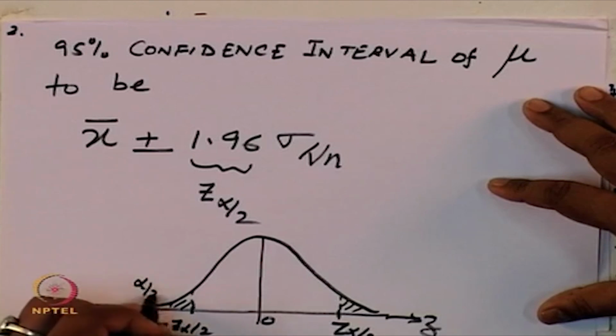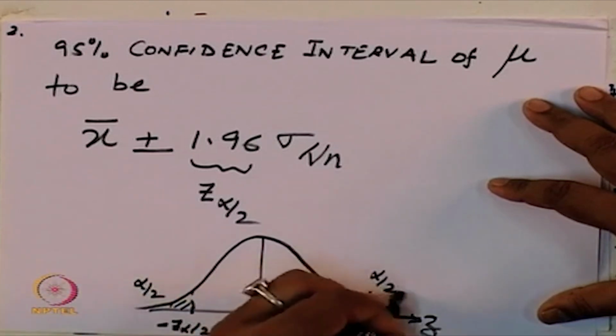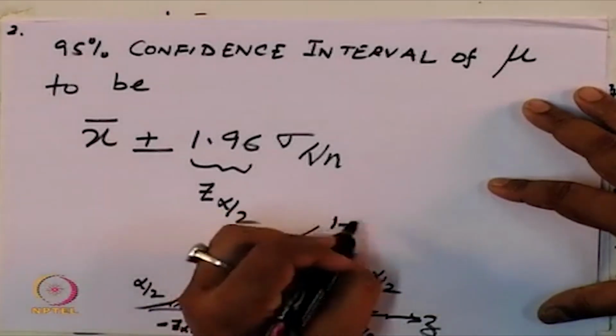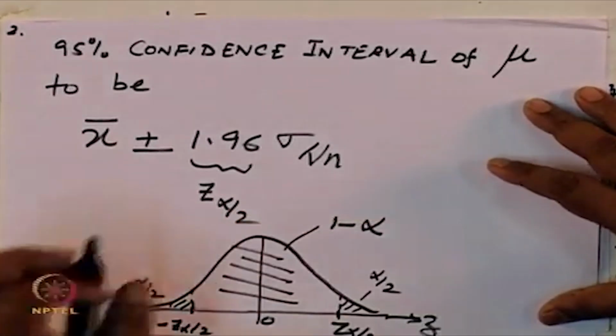So, this area is alpha by 2, and this area is alpha by 2. The probability under this curve will give you 1 minus alpha. We can prescribe the value of the confidence level and get the corresponding value of z of alpha by 2.